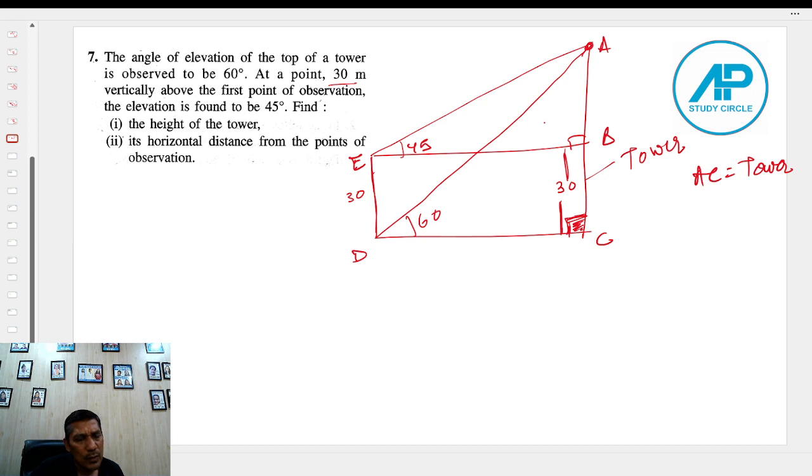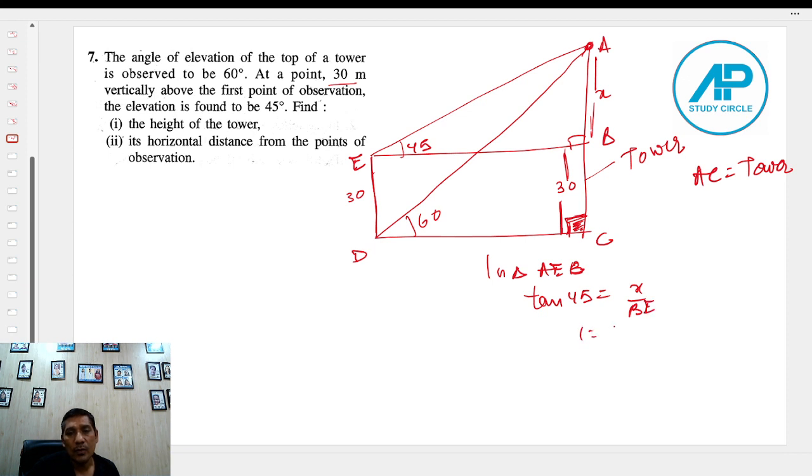What should I do in this question? How should I solve this question? I should take this value as X, and in triangle AEB, tan 45 equals X upon BE.